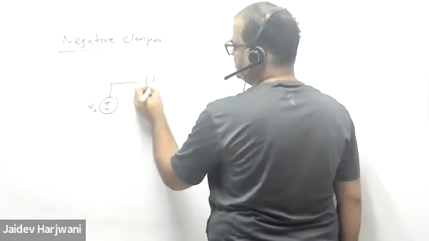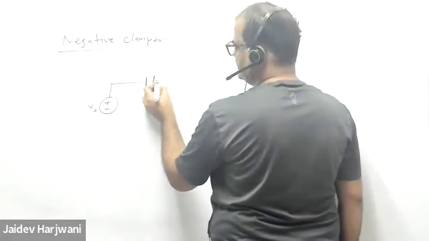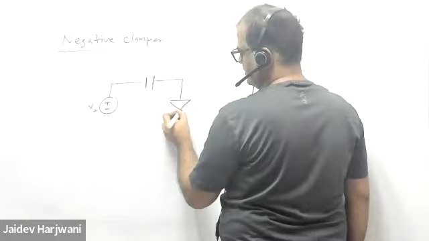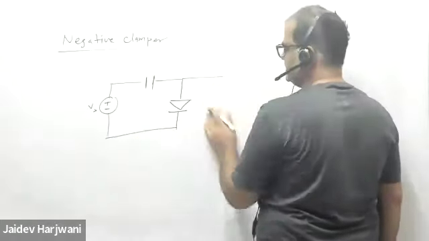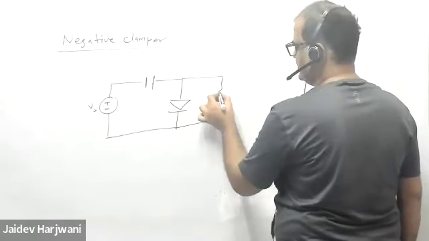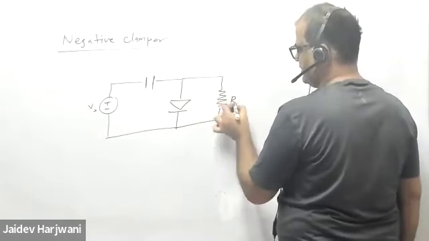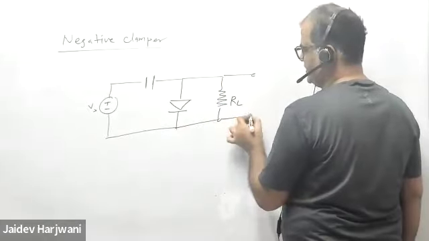Negative means the current should flow downward, current should go down. This is the negative clamper, and this is your RL, which is very high.